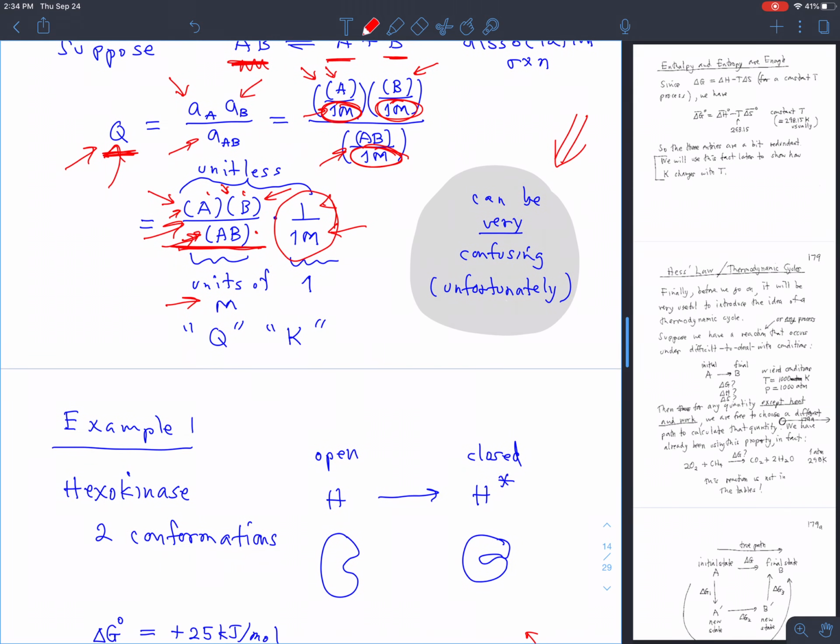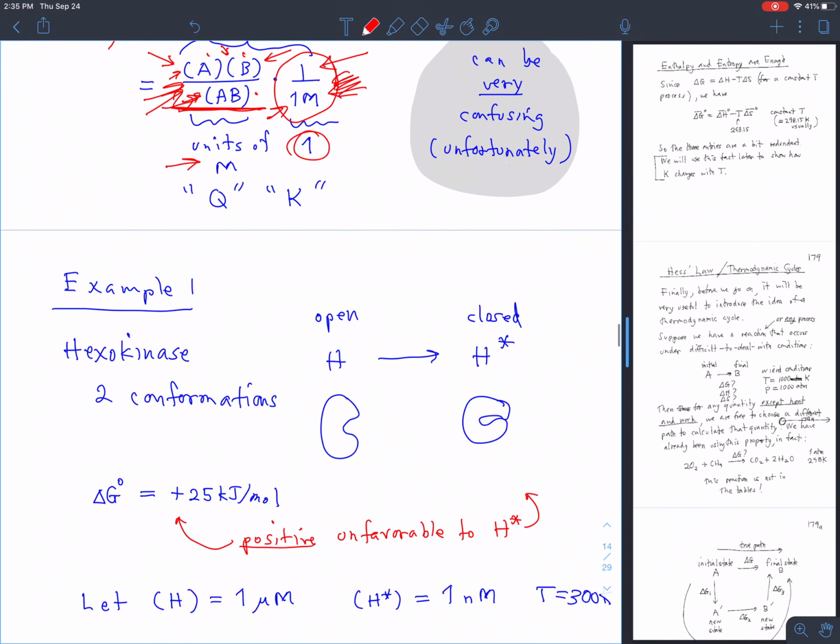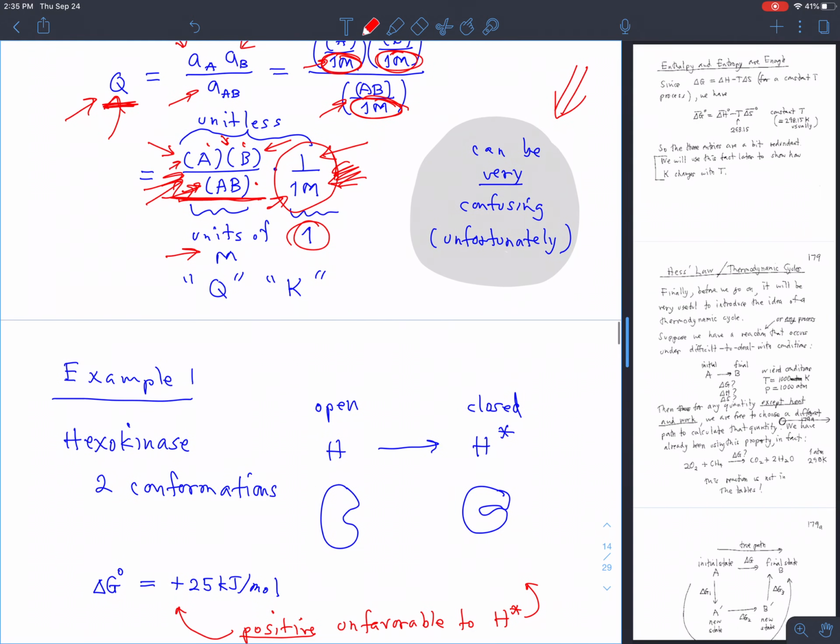But this factor with units of 1 over molar has an actual numerical value of 1, which means it makes no difference from a practical point of view. If you plug the numbers in here, you'll get the right answer because this is just a 1 out in front. It's a 1 with units, but it's still just a 1 as far as calculator numbers are concerned.